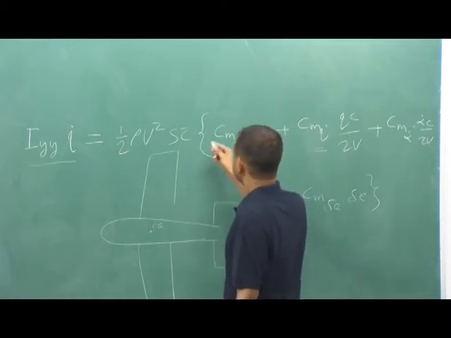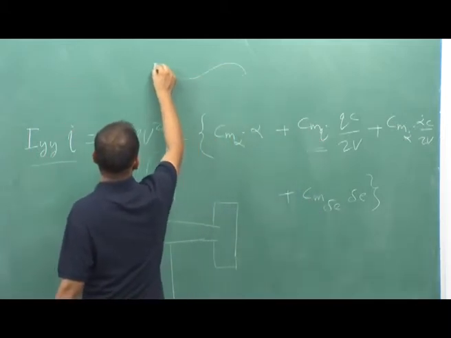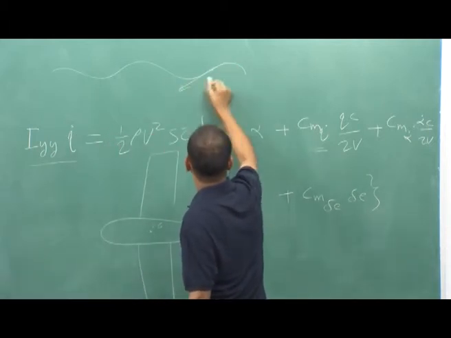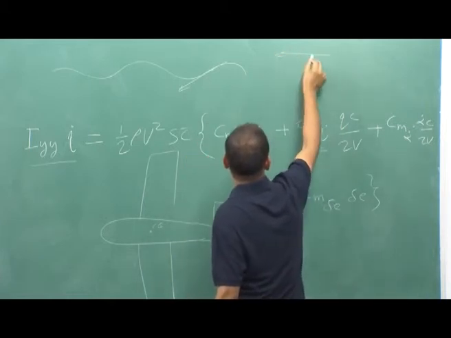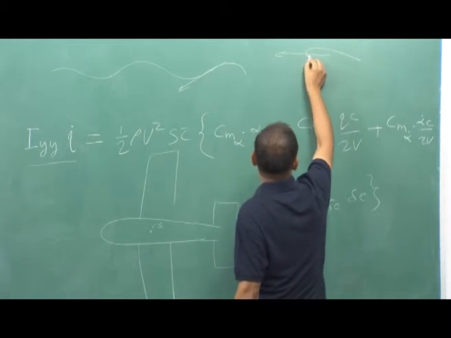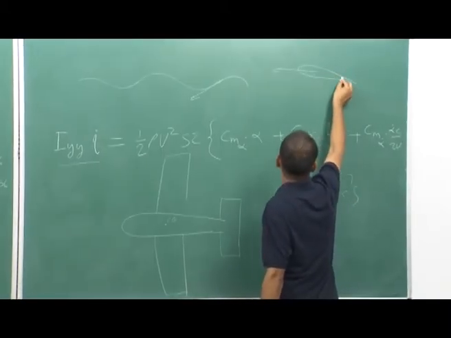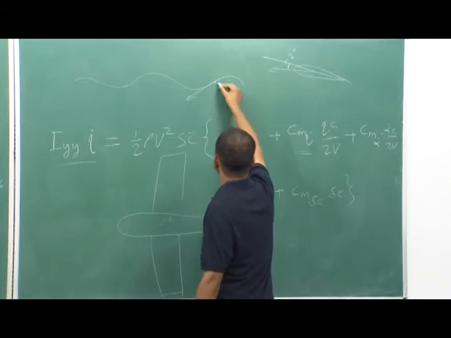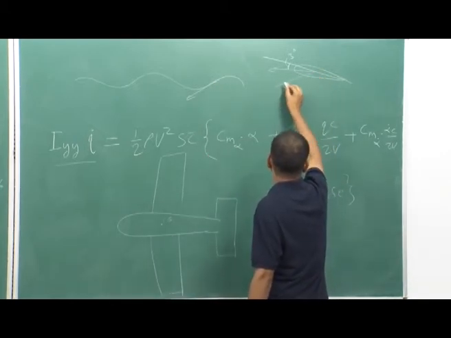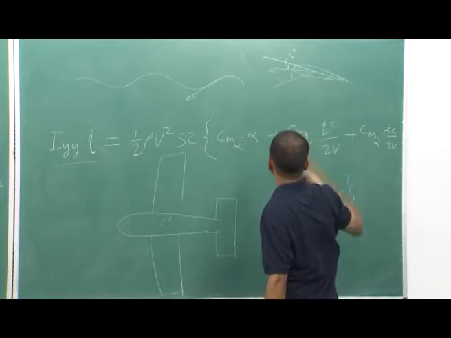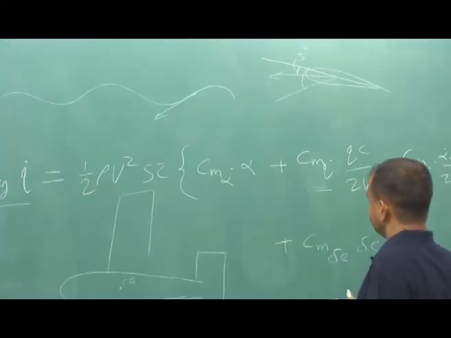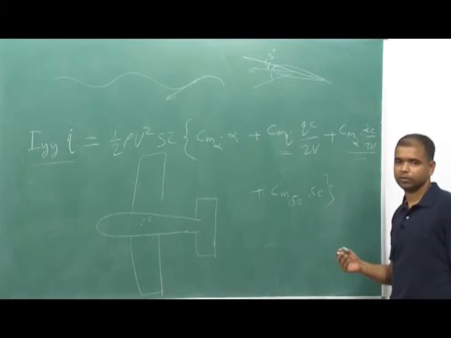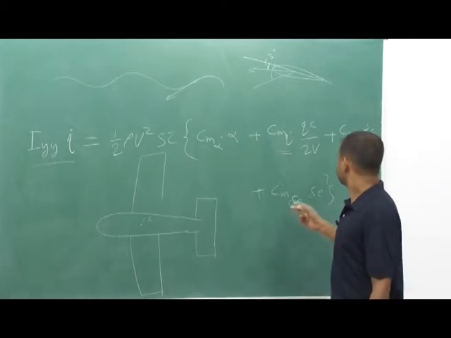And similarly, when my aircraft is moving like this, and suppose this is the velocity of the aircraft, when my aircraft was moving in this direction, that time if I had the angle of attack, for example 3 degree, and when it will be moving here, then this angle of attack will be increased to some higher value, and due to this increase a moment will be realized on the aircraft, and this will try to oppose the change in the pitch, and this is proportional to the velocity.